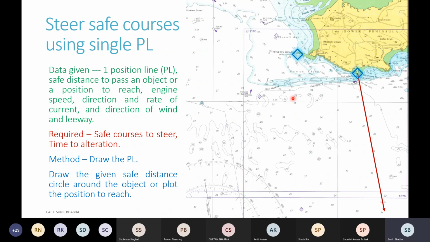Let's draw the safe distance circle now. You can see this safe distance circle marked on the chart. We have to maintain this safe distance from this object, that is the Worm's Head point.